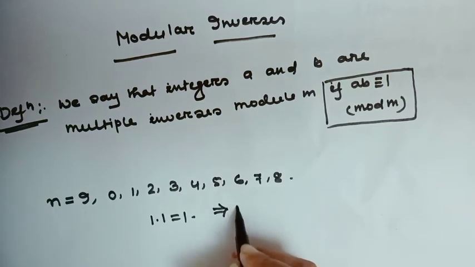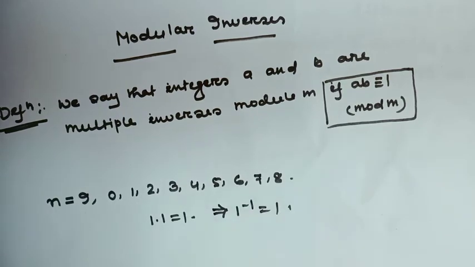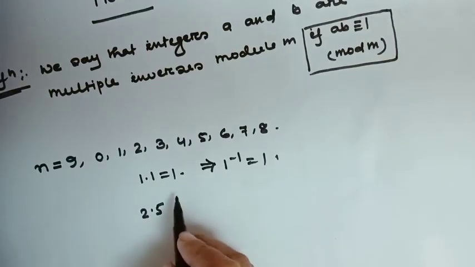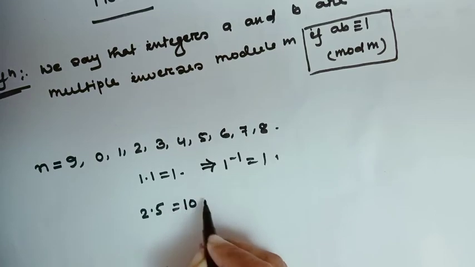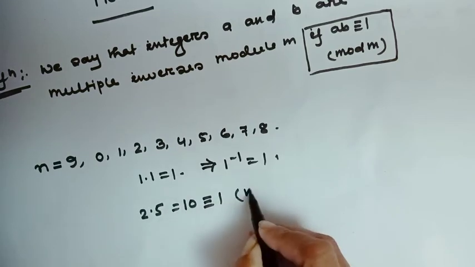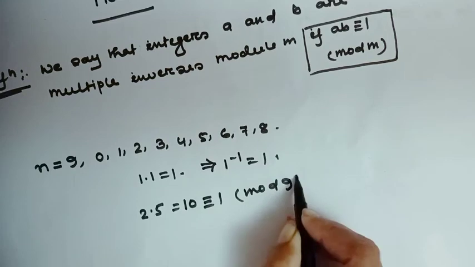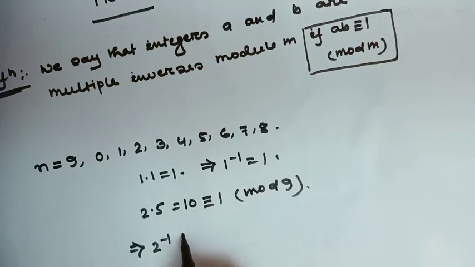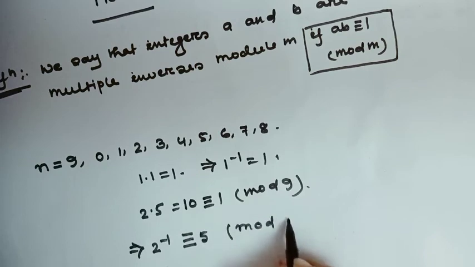That implies the inverse of 1 equals 1. Now look at 2 times 5 equals 10, which is congruent to 1 modulo 9. That implies 2 inverse is congruent to 5 modulo 9.